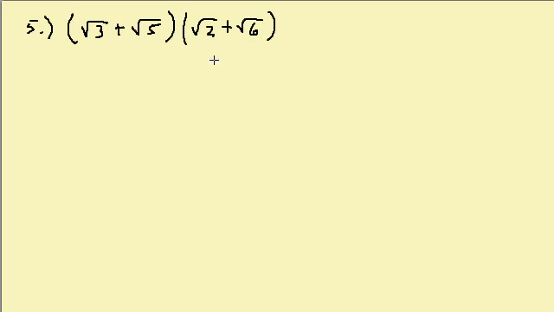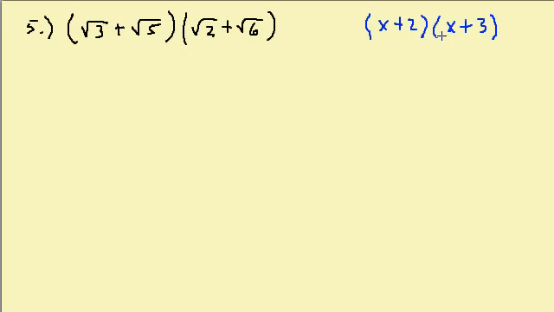Alright, let's look at this one. This one we're going to use the FOIL method. This is similar to when we had something like x plus 2 times x plus 3, multiplying binomials. We're going to work this the same way.